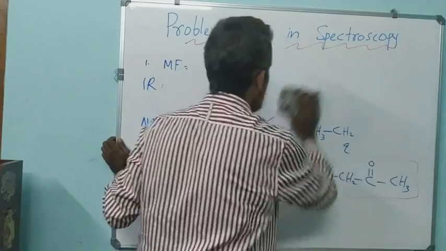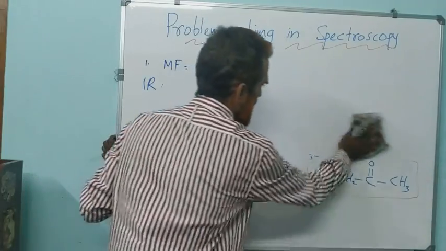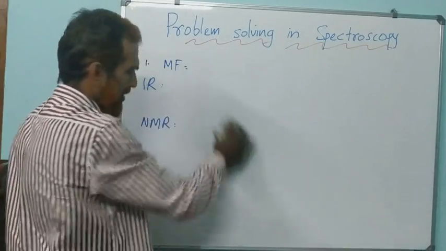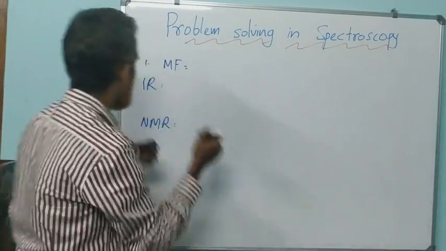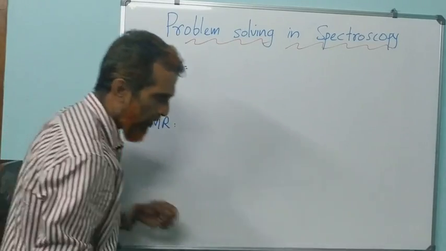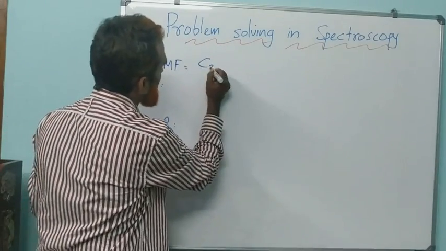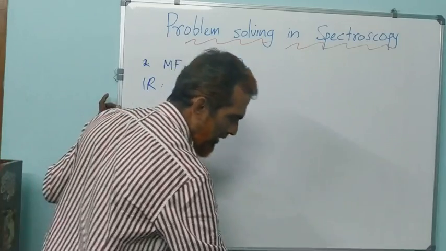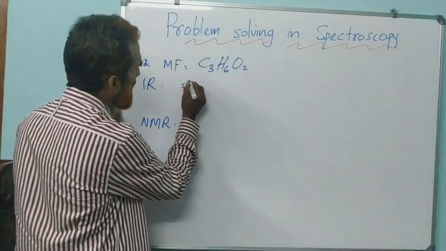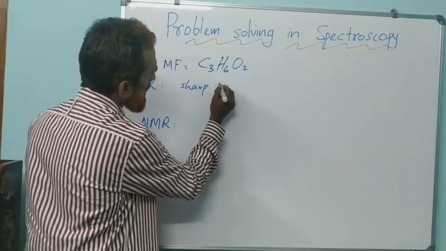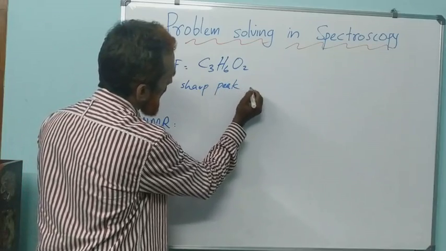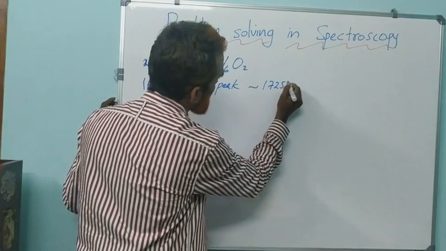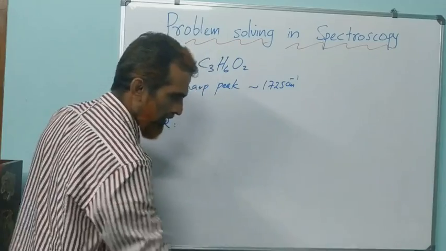The next one, the second question. The molecular formula of the compound is C3H6O2. IR data: a sharp peak is there at around 1725 centimeter inverse.